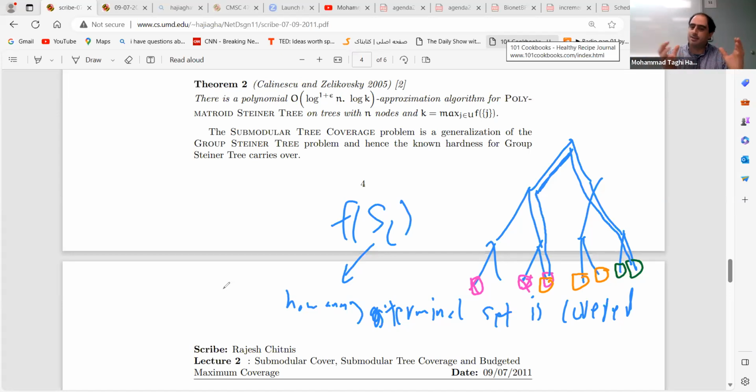Later in this course, we will see that there's a lot of effort to show that for almost all problems, instead of solving them on general graphs, you can actually solve them only on trees. But when you solve them on trees, generally you are losing a factor of log n or something like this in terms of approximation.